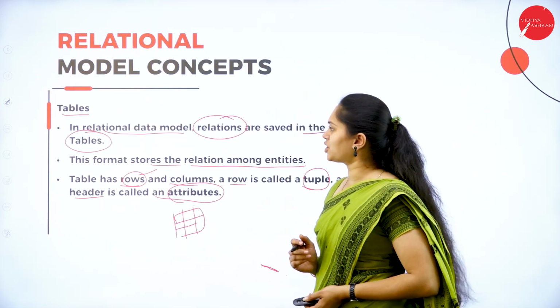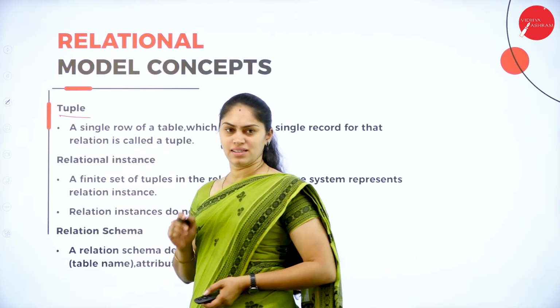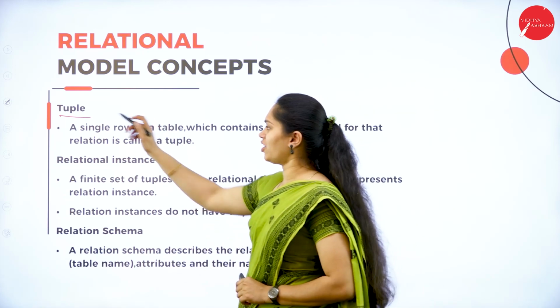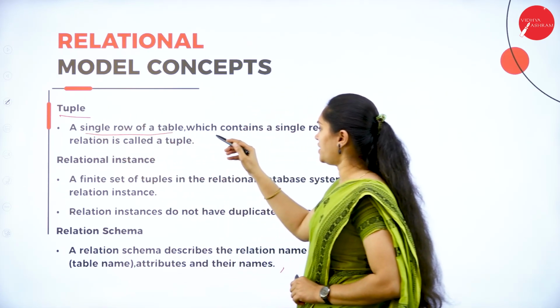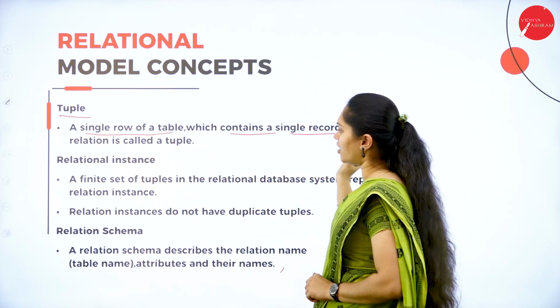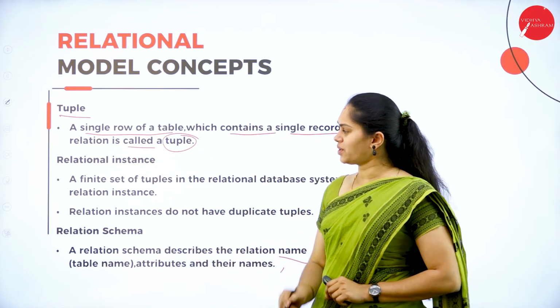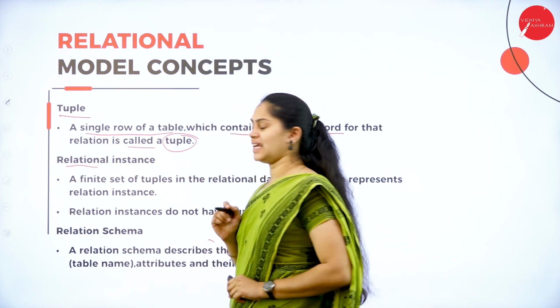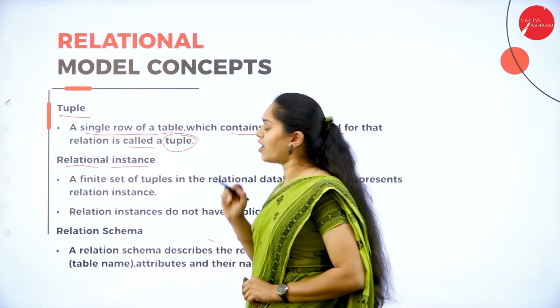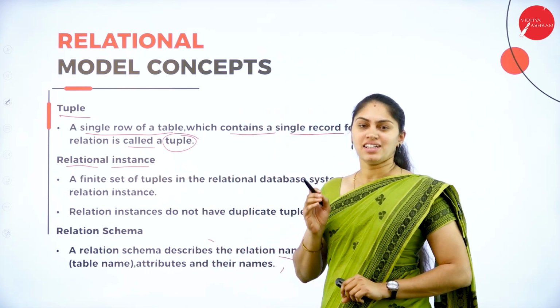Let me move to the next concept, that is tuple. You already got to know the meaning of tuple. A single row of a table which contains a single record for that relation, we call that a tuple here. Then what is this relation instance? An instance always specifies the current state.